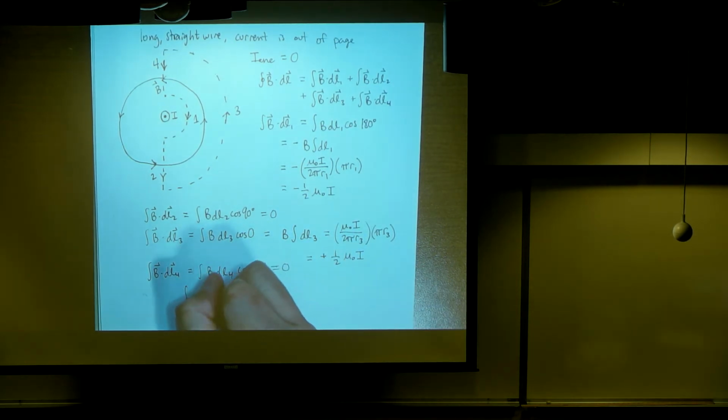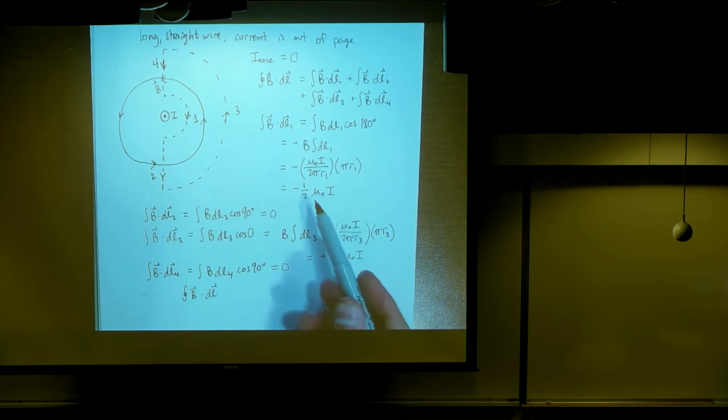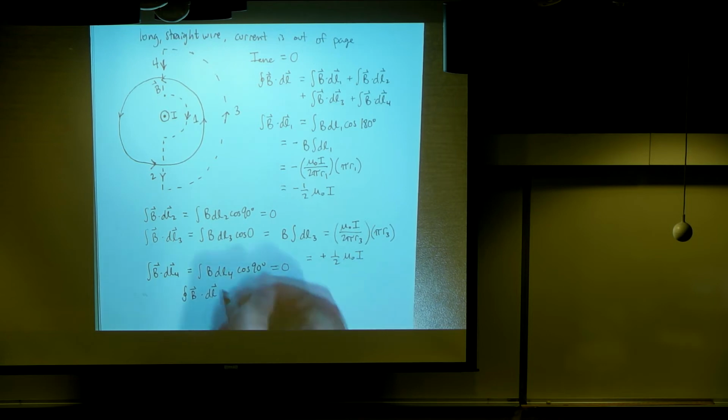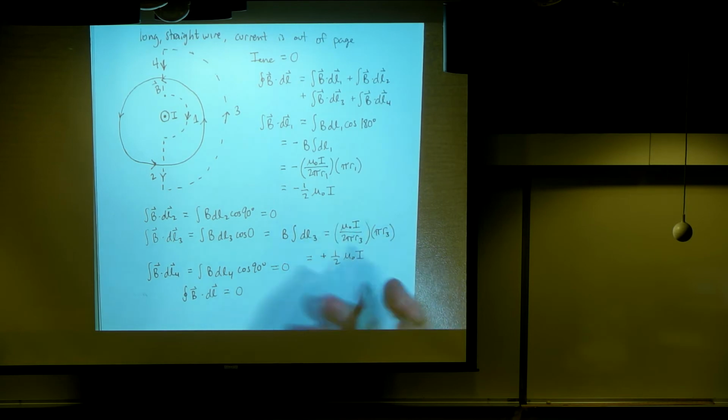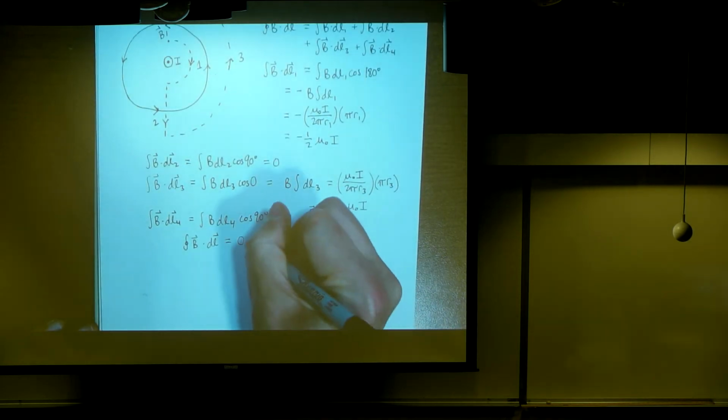So what's the total integral of B dot dL over the closed path? That's going to be minus 1/2 mu naught I plus 0 plus 1/2 mu naught I plus 0 gives us a total of 0. Basically, these two contributions cancel.